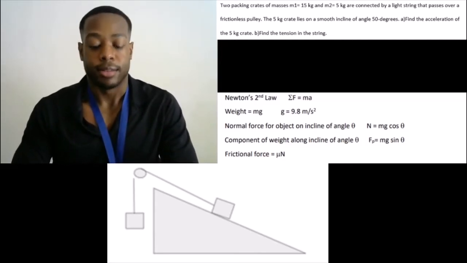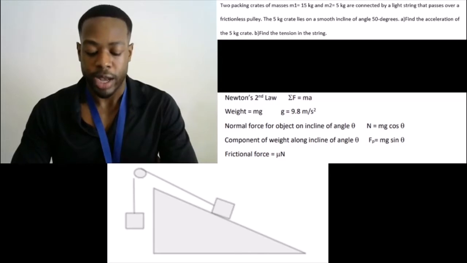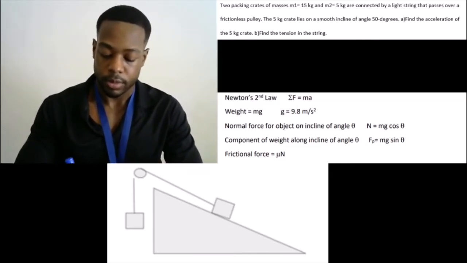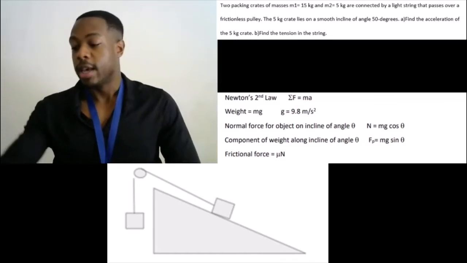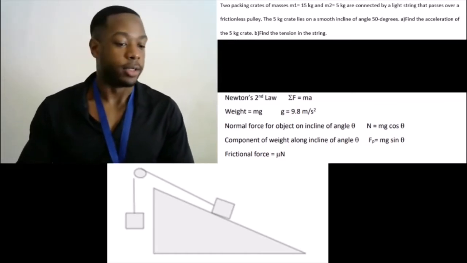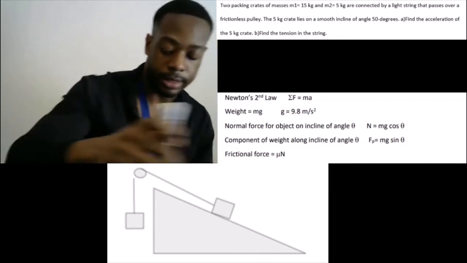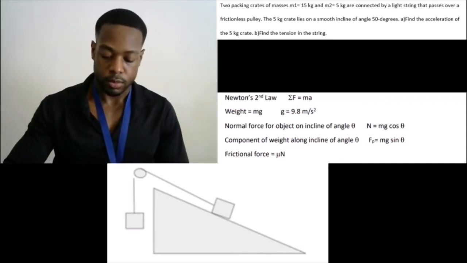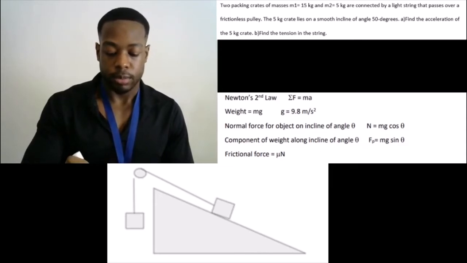Second mass, similar, but a little trickier because we got it on an angle. We got a 50-degree angle. And let's make this totally clear for you guys. It's easy to mess this up, but let's make this totally clear.